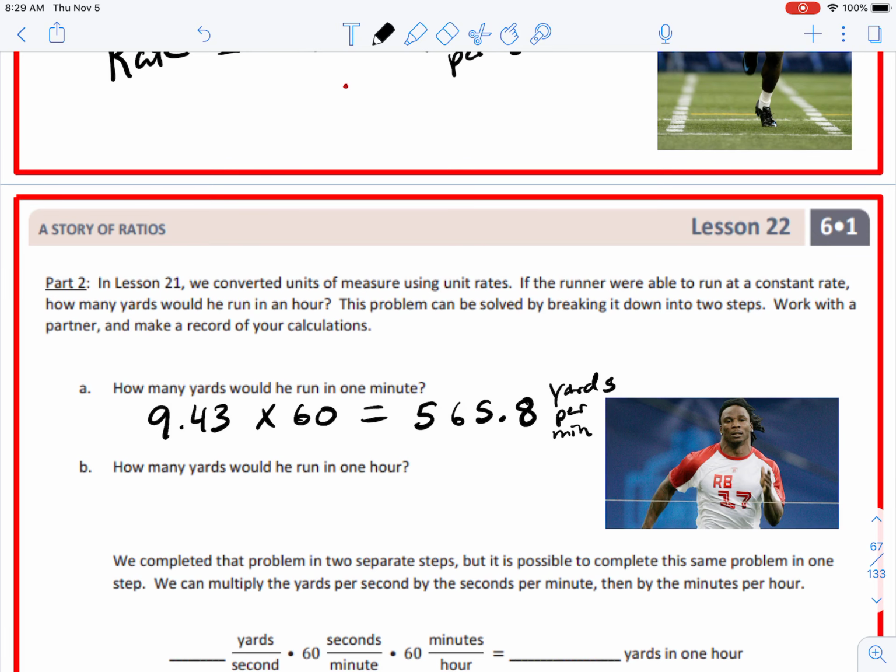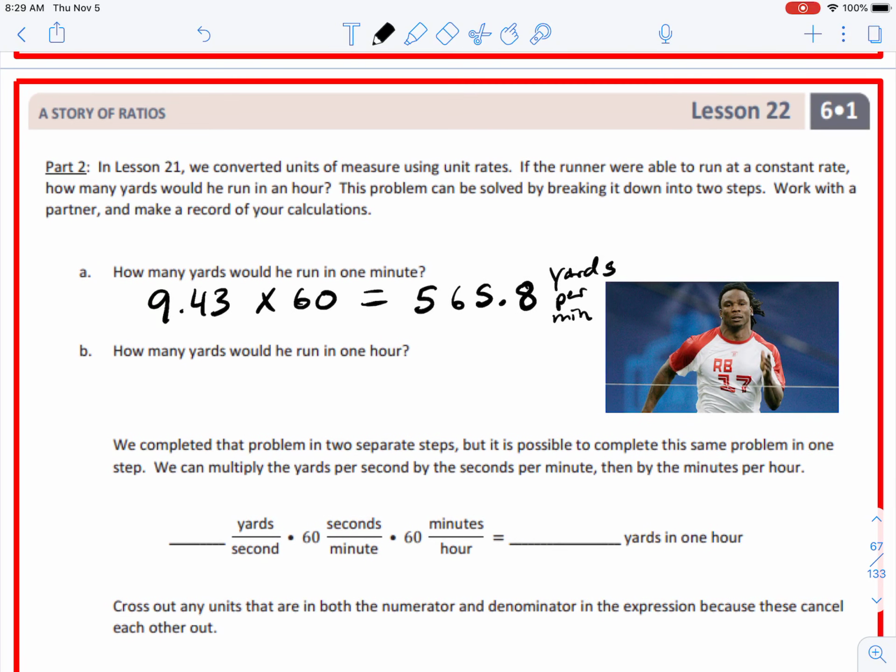Now, let's look at letter B. How many yards would he run in 1 hour? So, this is how many yards he runs in 1 minute. There are 60 minutes in an hour, so we have to multiply that by 60, and it's going to be a big number. So plug this into your calculators and figure this out.